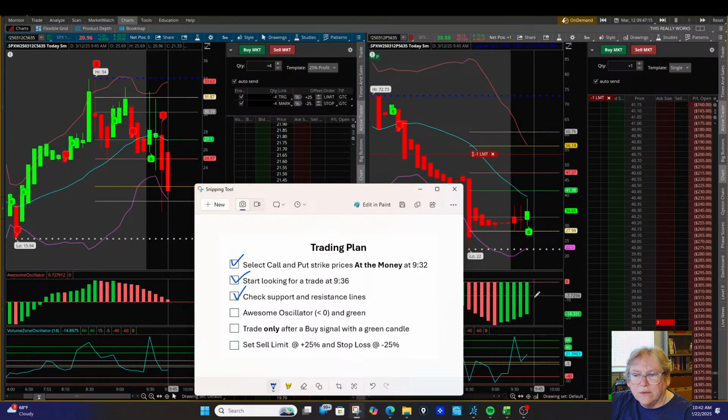It's less than 0 and it's green. Trade only after a buy signal with a green candle. There's our buy signal, there's our green candle. And set a sell limit at 25% above, and stop loss at negative 25%.